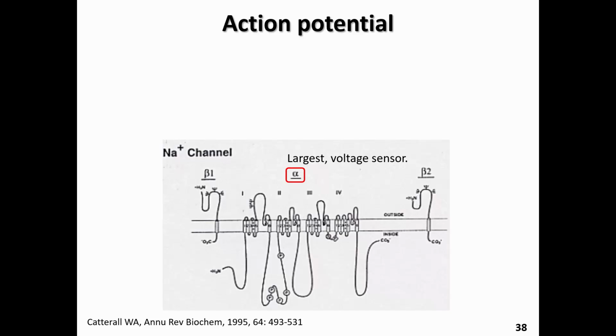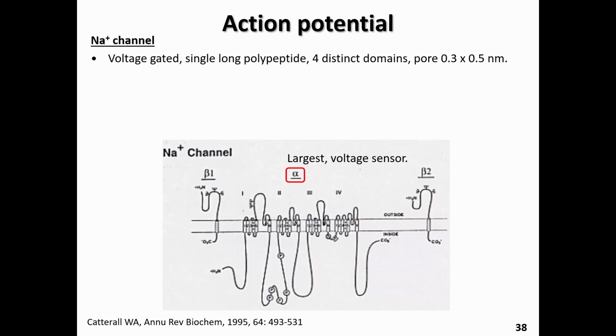If we take a look at the two main players here, the first is the sodium channel, and the sodium channel is a voltage-gated single long protein or polypeptide that is organized into four distinct domains.